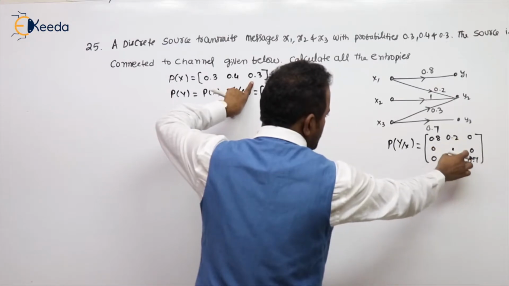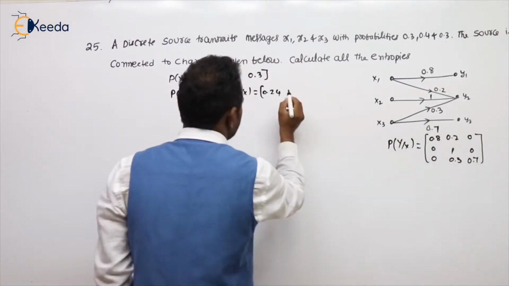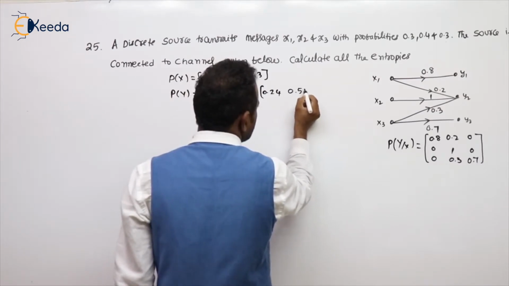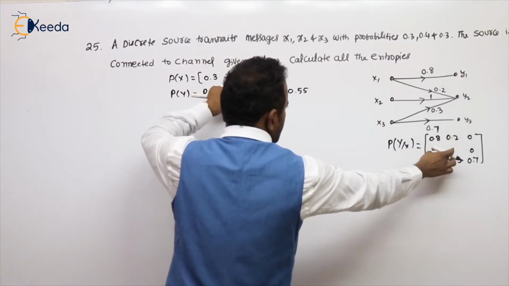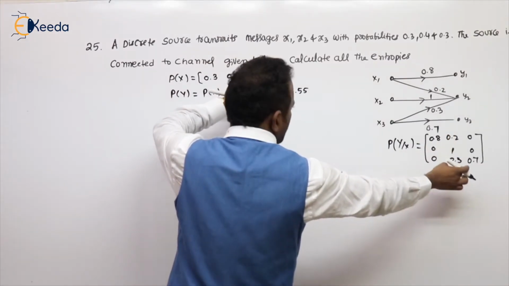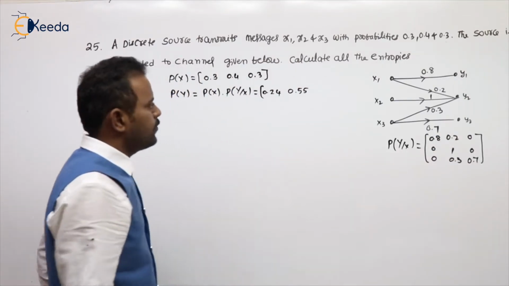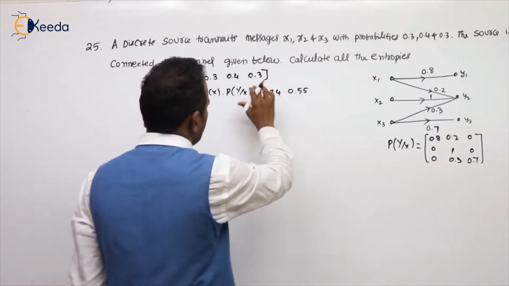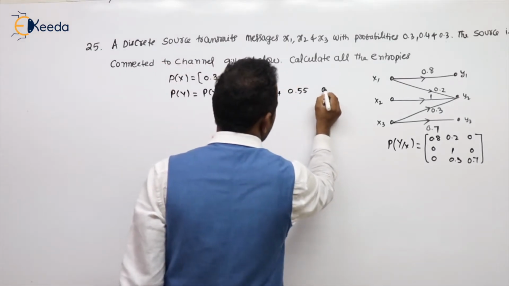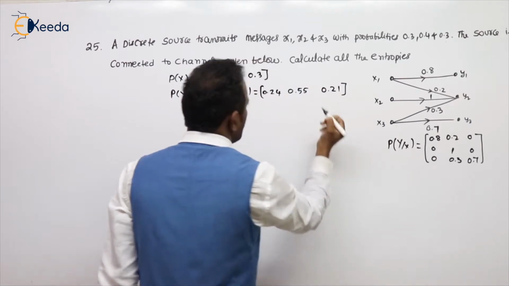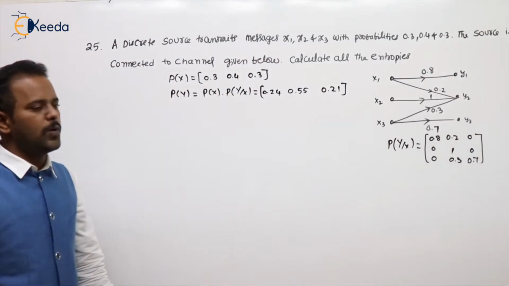So 0.6, 0.9, 1.5, 0.4, 5.5. Here is the 6, here is the 0.4, here is the 9. 9 plus 6, 15. So 5.5. Next, last column. These two will be 0, 0.3 into 0.7, 0.21. You can add all the probabilities on the output side also. The total is 1.